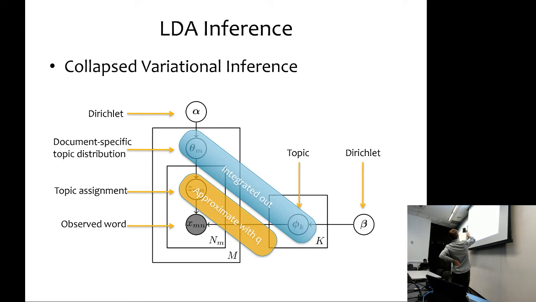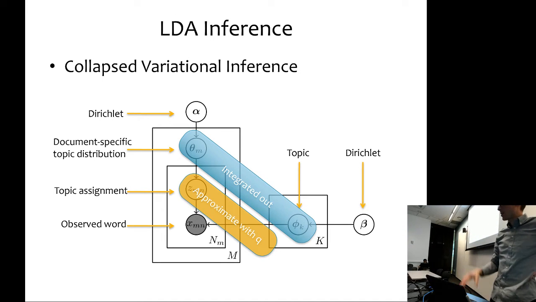And we worked with this reduced LDA where alpha went directly to Z and beta went directly to X. So you could actually also work with that model, collapse those parameters out, and then just use variational inference to approximate the Z's, for example. And that would give you collapsed variational inference.